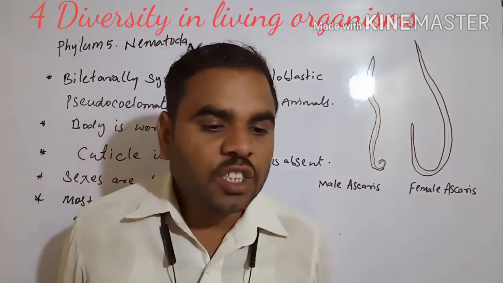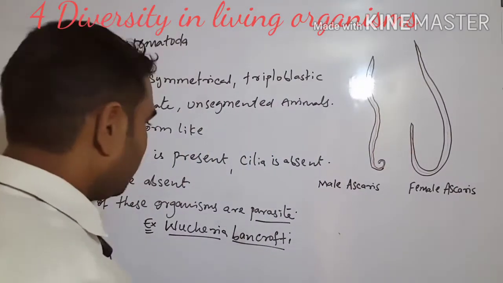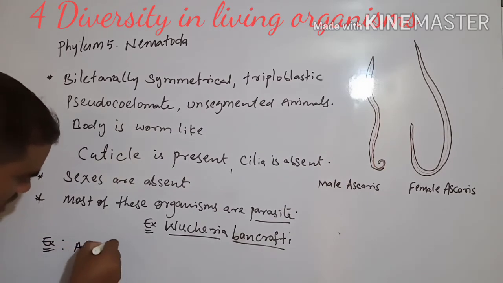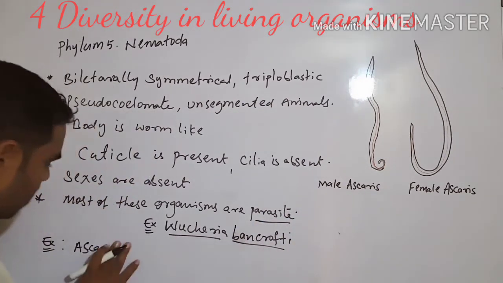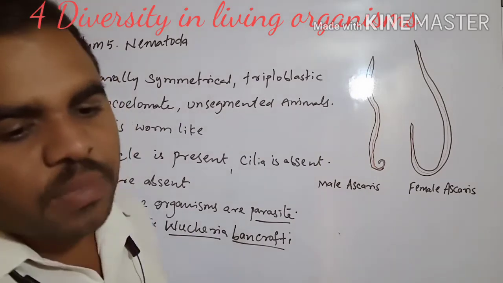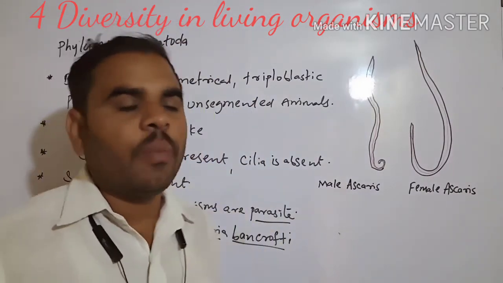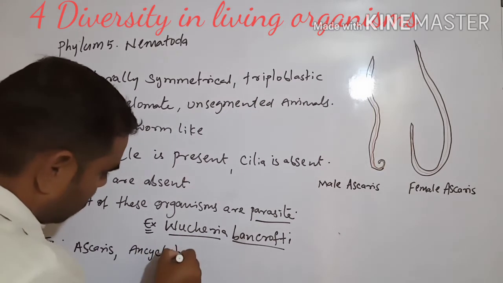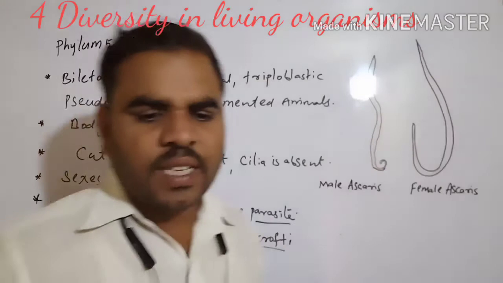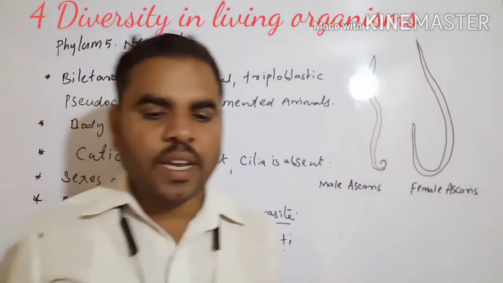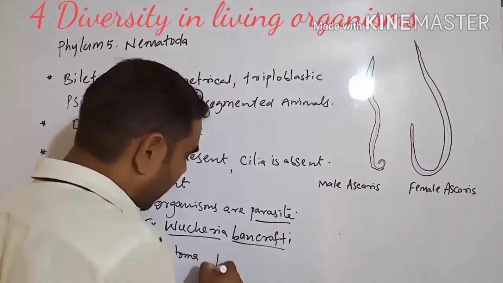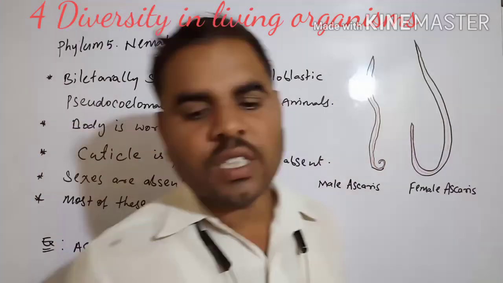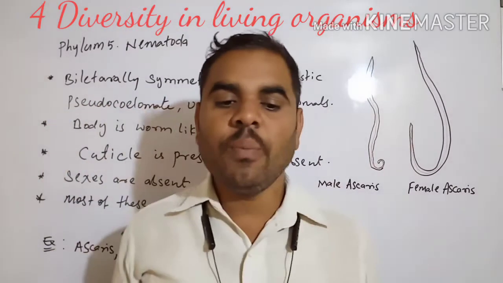Ascaris is a roundworm. That is an example. Next, Ancylostoma, also a type of hookworm. Next, Wuchereria bancrofti, which causes filaria disease. Next, the pinworm of humans, Enterobius, causes enterobiasis.